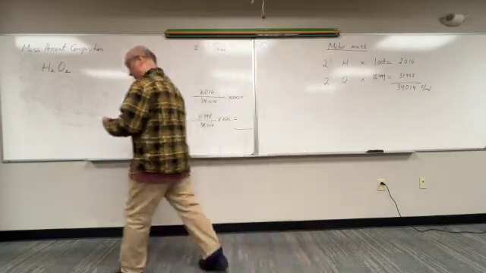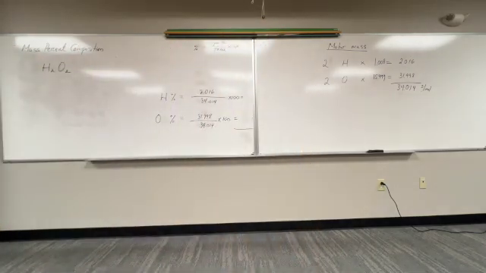Okay, so let's do the math, and then we're going to ask Wolfram Alpha. 2.016 divided by 34.014.